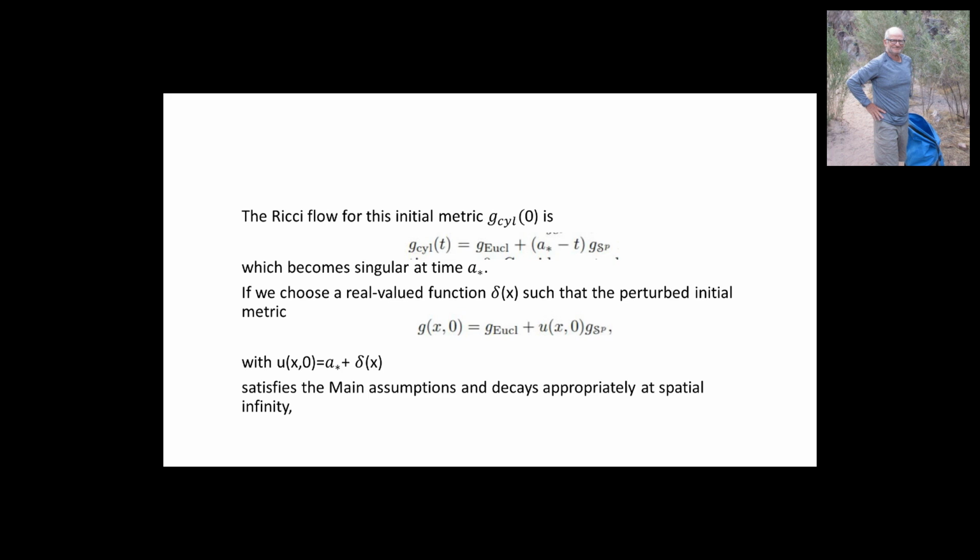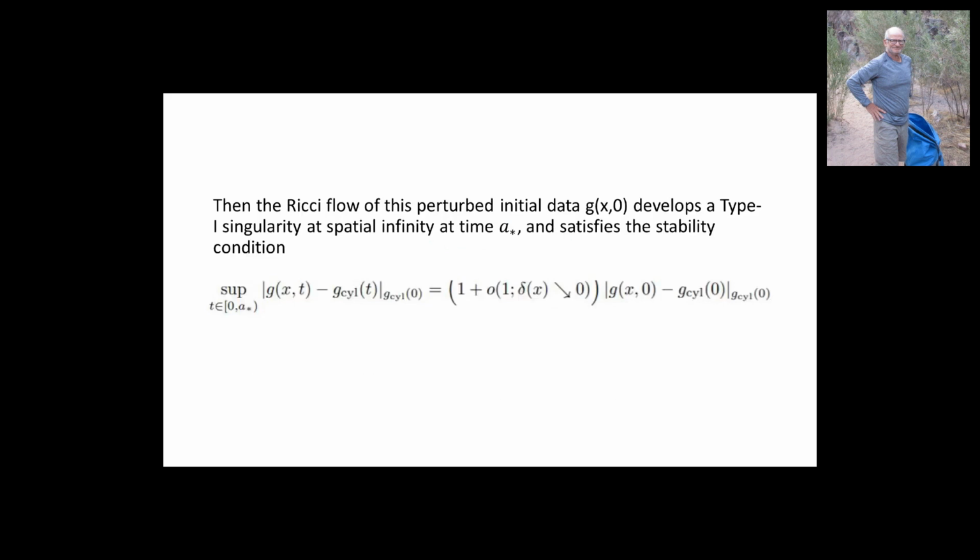If this satisfies the decay conditions appropriately at spatial infinity, then we can show that the Ricci flow of this perturbed initial data develops a type 1 singularity at spatial infinity at the time T star, and that it satisfies this particular stability condition: namely, that if we take the supremum over time between 0 and the singular time of the difference between the flow g(x, t) and the cylindrical flow, we have control relative to the initial data.